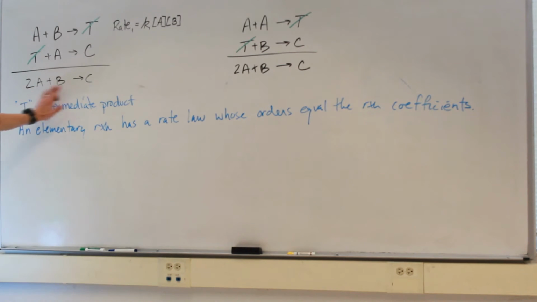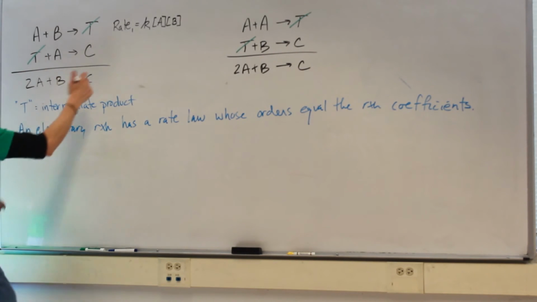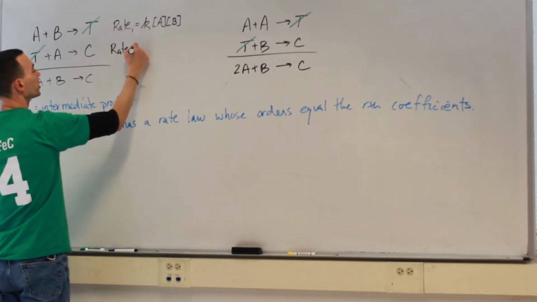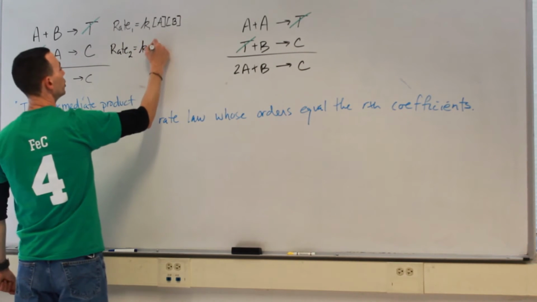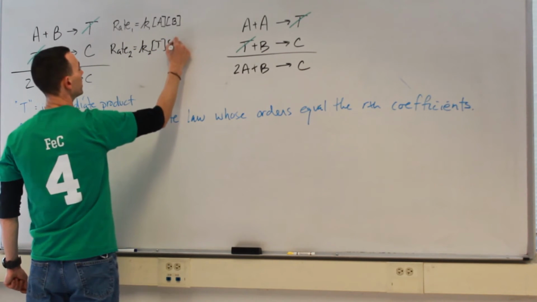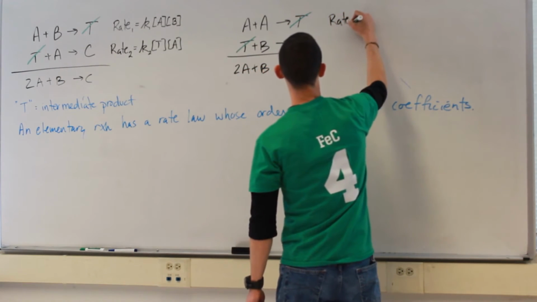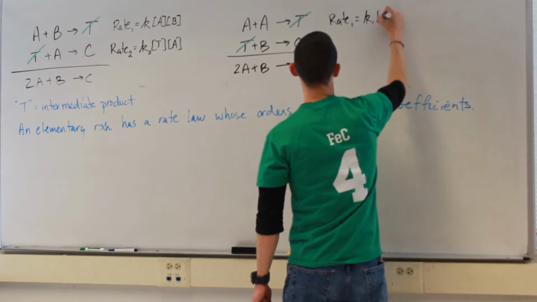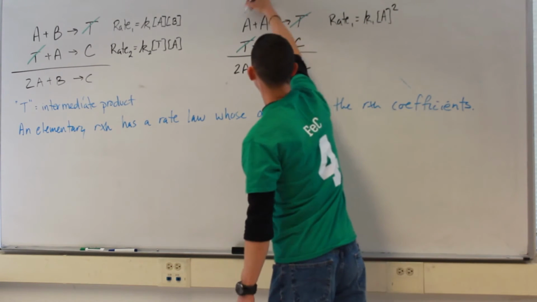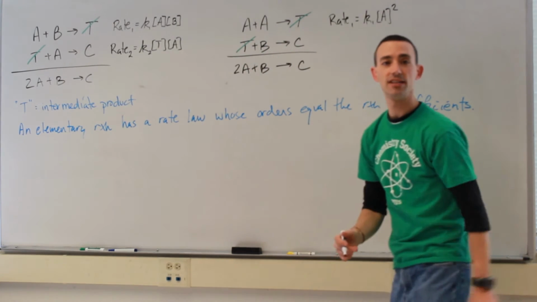I can't assume that down here in the 2A plus B to give me C. But for an elementary reaction where you have only one or two particles, you can, because you can't have the reaction without both A and B, or T and A. So the second equation would have a rate law, K2 times the concentration of T times the concentration of A. Now over here, we would have rate of the first step equaling K1 times A squared, because you would need two A's to collide with each other.